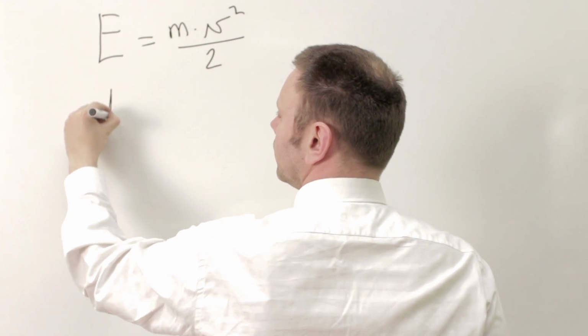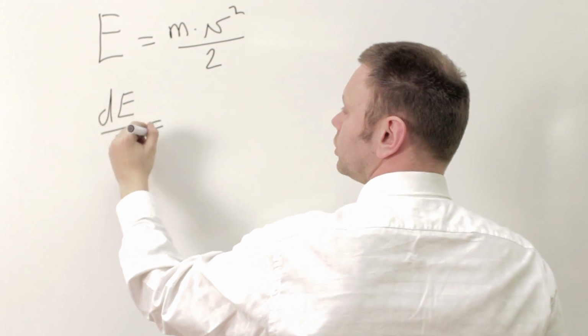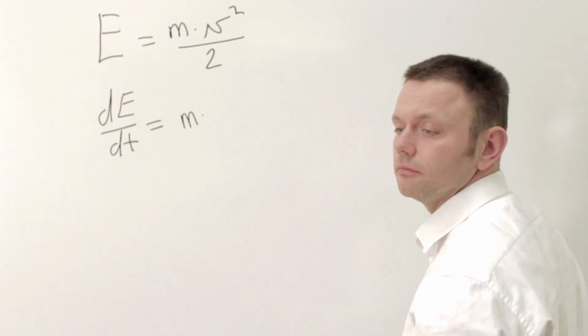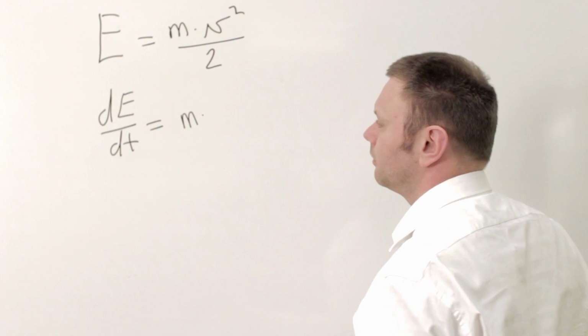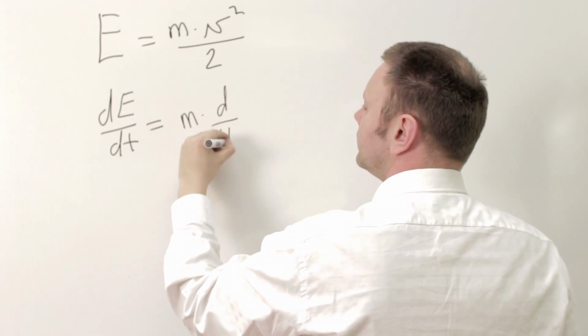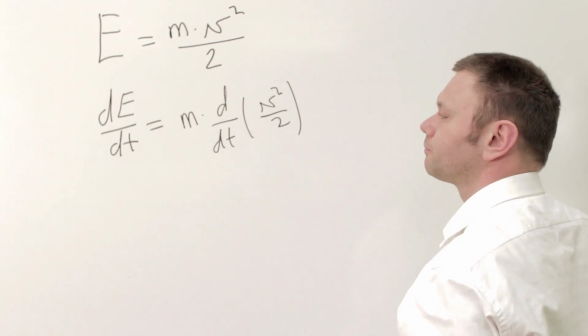So we can do dE by dt, which is equal to mass, which is constant and doesn't get differentiated by time, mass multiplied by d by dt of v squared over 2.